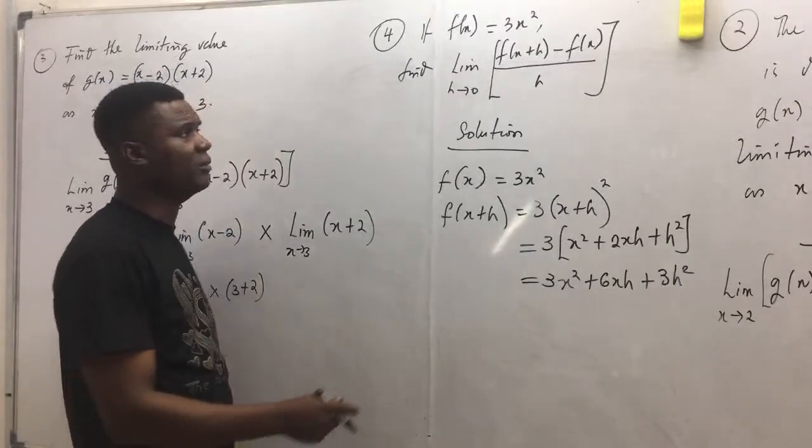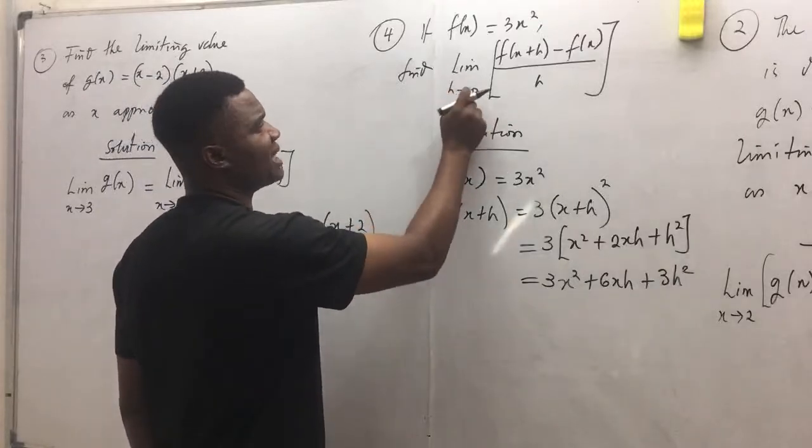But that doesn't solve the problem. We are asked to find the limiting value as h tends to 0 of this.